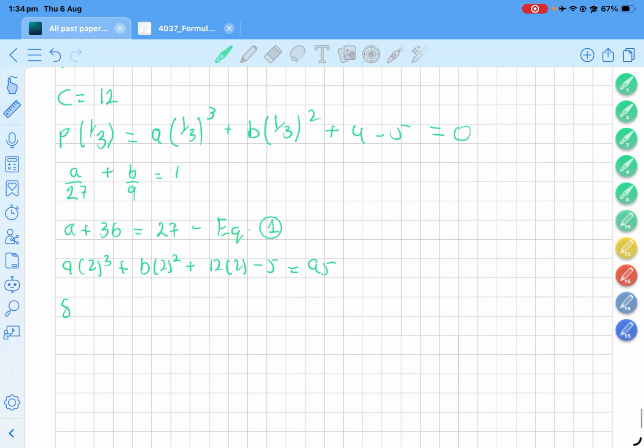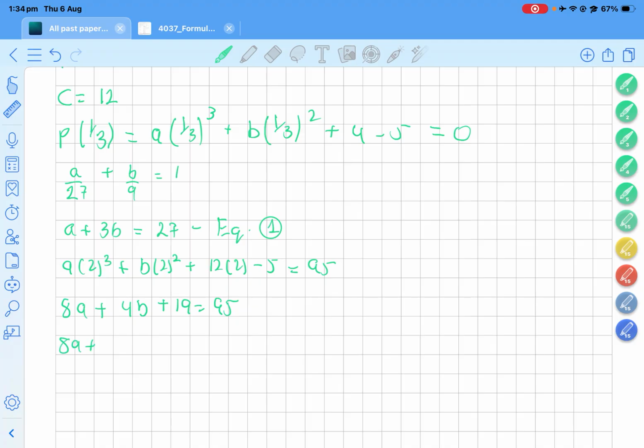So 8a plus 4b, so 24 minus 5 is 19, and 19 is equal to all of this. So plus 19 is equal to 95.